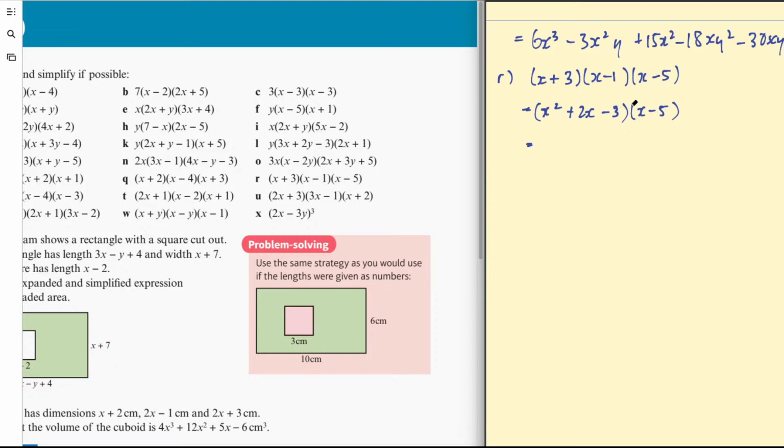So multiplying these terms by these double brackets, you can write it as x squared multiplied by x take 5 plus 2x multiplied by x take 5 take 3 multiplied by x take 5. And this kind of separates it out to make the next step a bit easier. So this would be x cubed take 5x squared, plus 2x squared take 10x, and then negative 3x plus 15.